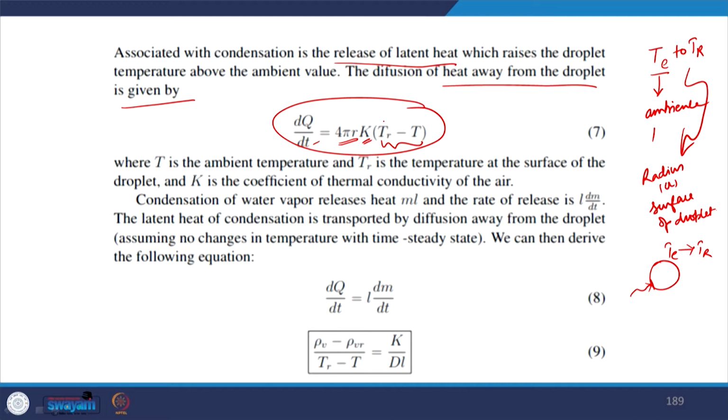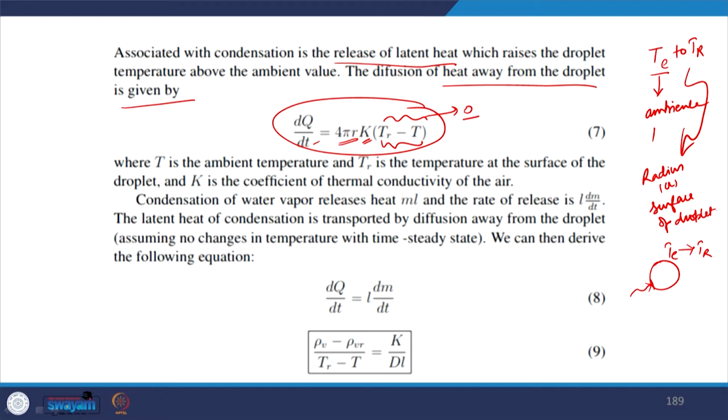If this difference is 0, then there is no heat conducted. But since there is a difference, why does it come in the first place? Because it has to accommodate the latent heat that is released when the condensation happens. Here capital K is the coefficient of thermal conductivity.